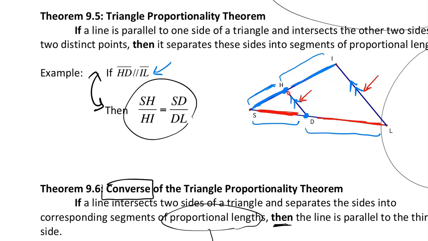So if you wanted to compare this side, which is the side of a triangle, with this entire side, you'll have to figure out another way to compare them, but they're not necessarily in a proportional relationship, matching these proportions that we had in this theorem. So be really careful if you're asked to find those lengths.